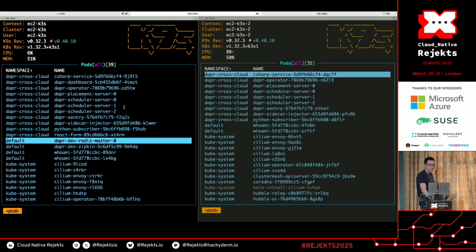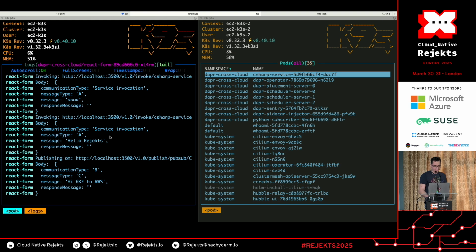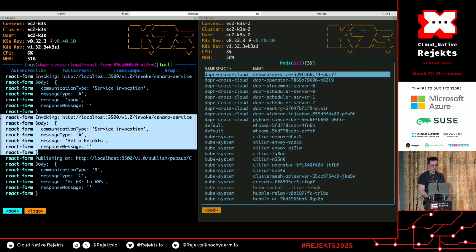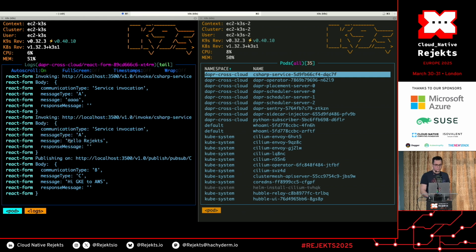And if we look at the front end or at the gateway, we already see those events coming in. So this is the service invocation. We called it with the message hello reject. On the other hand, there is the publish, so the PubSub to topic C, as Alice said, and there is the message hi GKE to AWS. So the request has reached at least one of the clusters already.